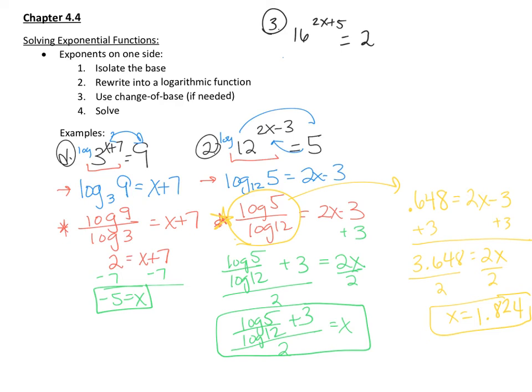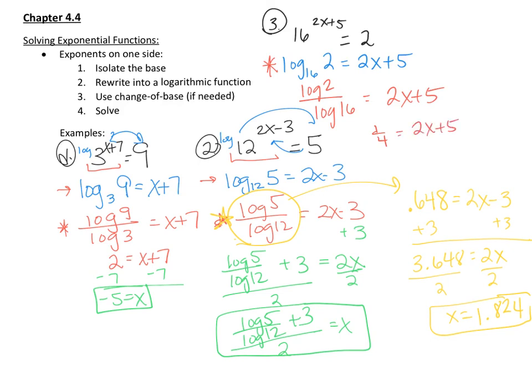So I would say log base 16 of 2 equals 2x plus 5. Then I would go to my calculator and type this in as log 2 divided by log 16. Typing that in, I would end up getting 1/4 or 0.25, whichever way.